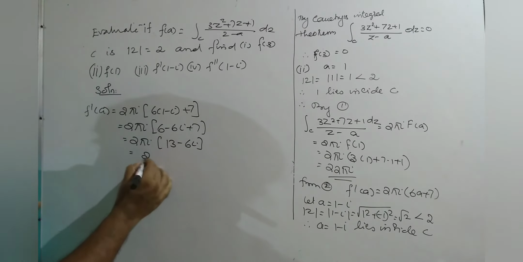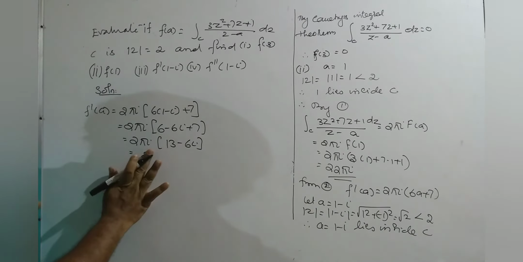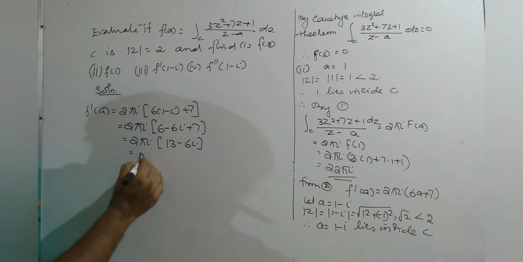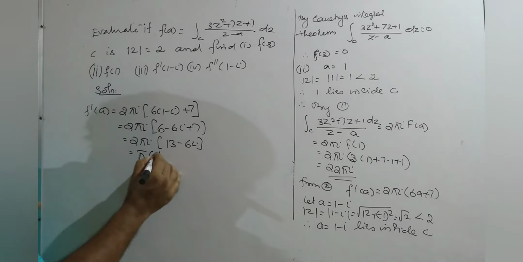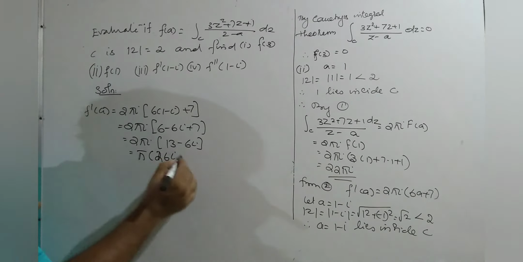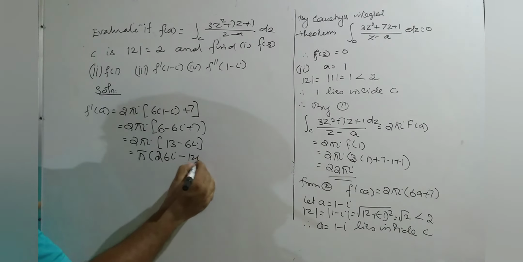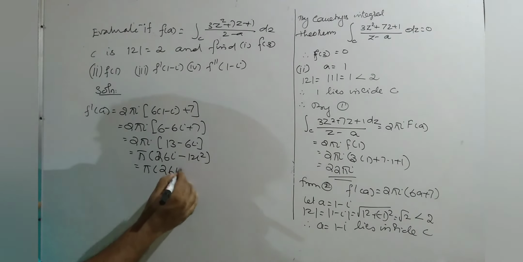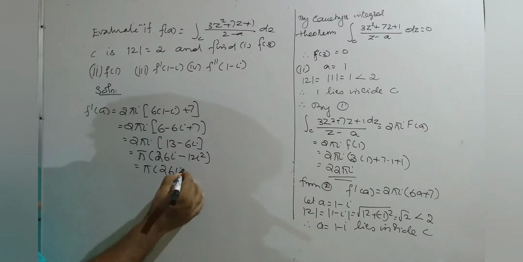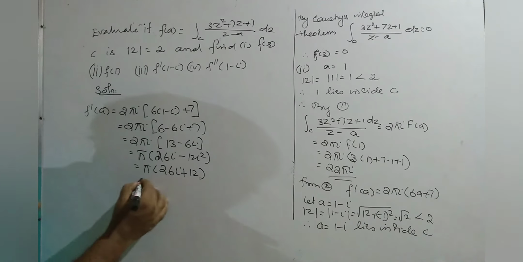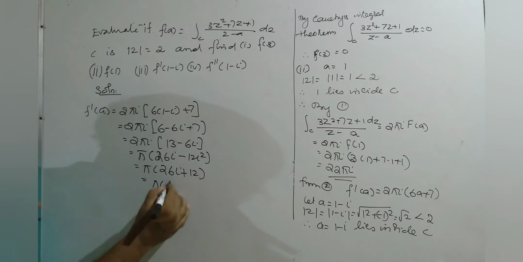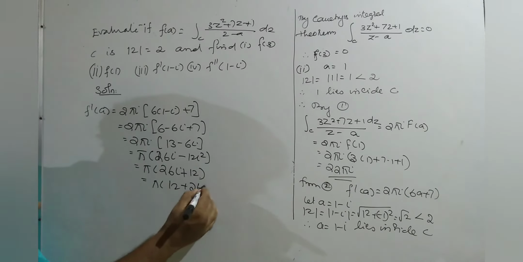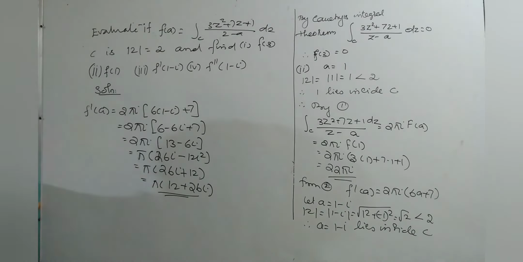So that is equal to pi into (26i minus 12i square). That is pi into (26i minus i square value, minus 1, that is equal to 12). So that is pi into (12 plus 26i). So this is our third part.